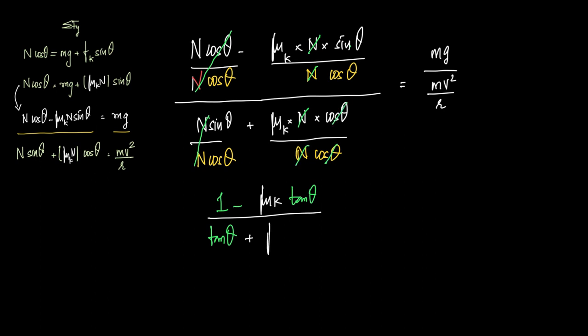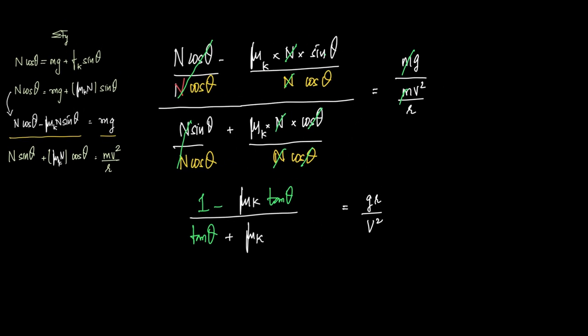So all we get is tan theta plus mu k is equal to mg into, okay, now wait, m by m is 1. So all what we have is g by v square by r, so that becomes gr by v square. In which case, what is v square equal to?